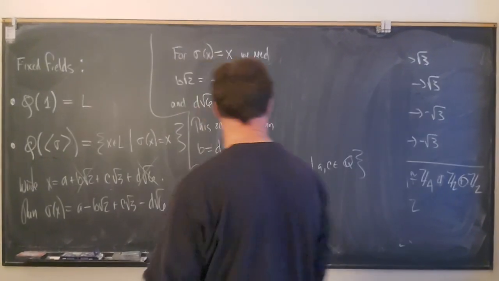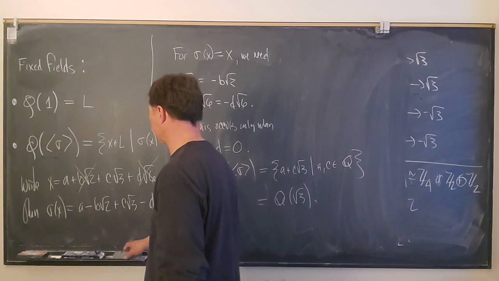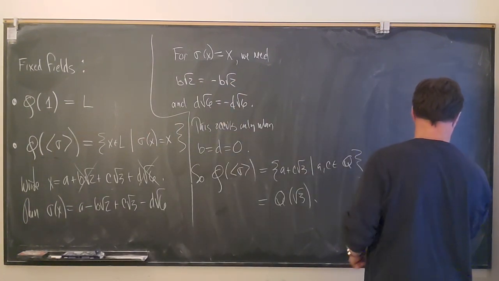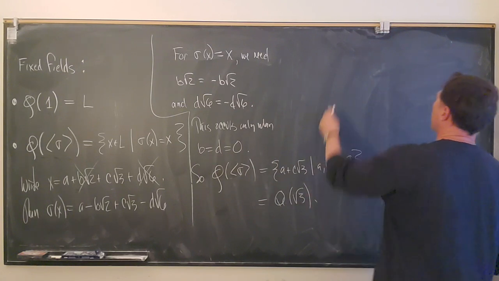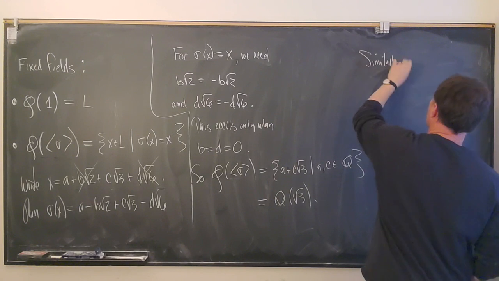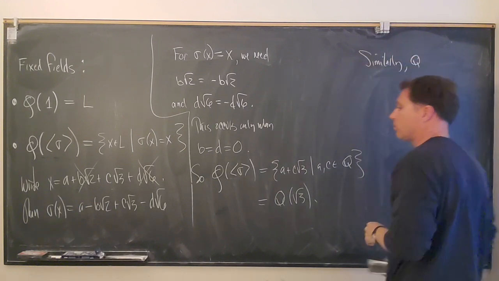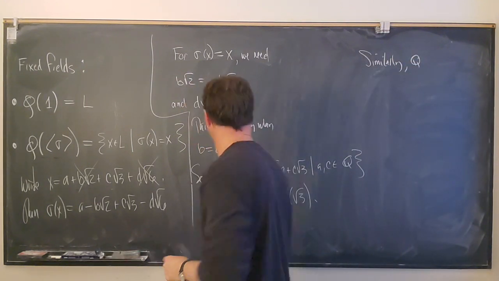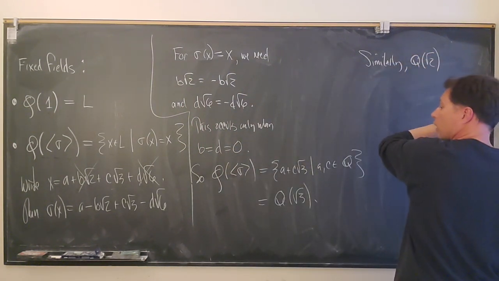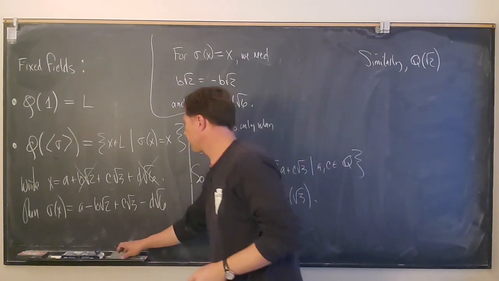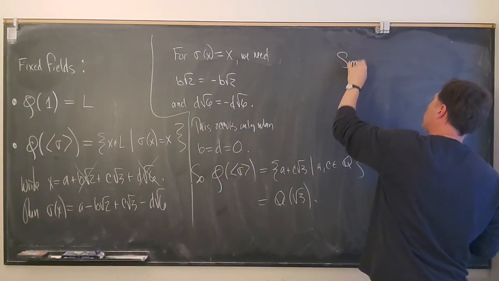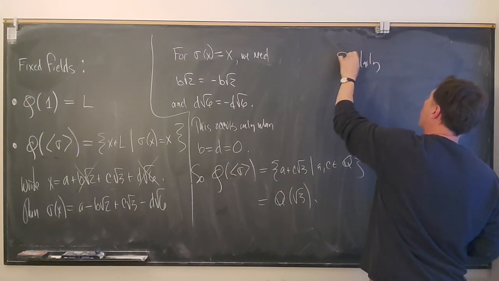And you can go through this for the other ones, right? So similarly, I want to identify the fixed fields.